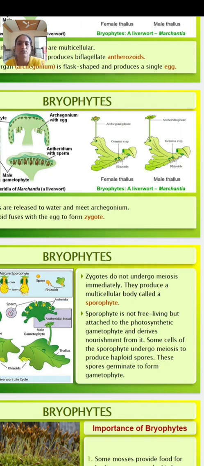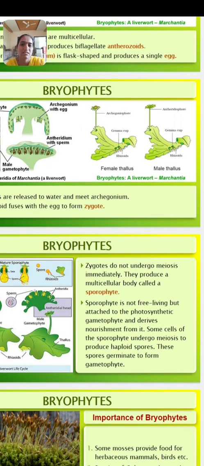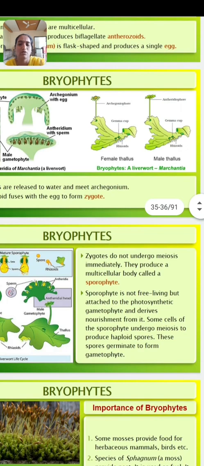In Funaria we have seen that the lower gametophytic part produces the sporophytic part. The sporophyte is not free living but attached to the photosynthetic gametophyte and derives nourishment from it. Some cells of the sporophyte undergo meiosis to produce haploid spores. These spores germinate to form the gametophyte.